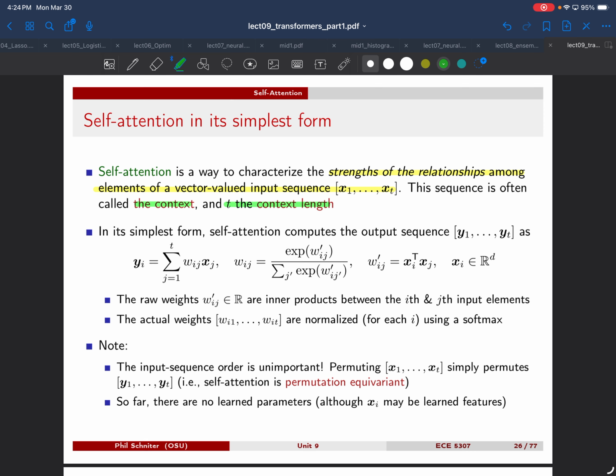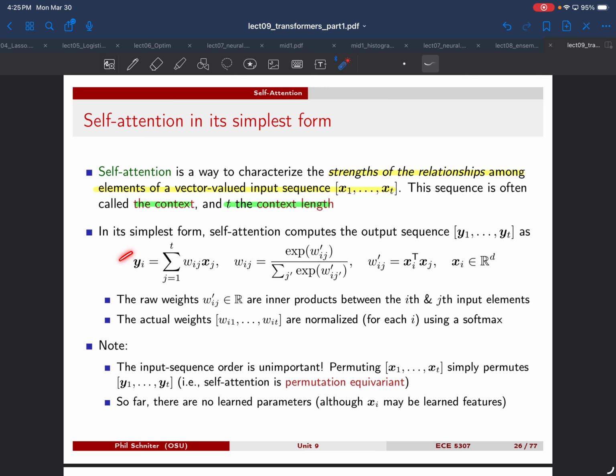Okay, so in its very simplest form, to process the input to produce the output, this is what you would do. Let's say we're creating the ith element in this sequence. You're first going to compute these raw weights just as inner products.